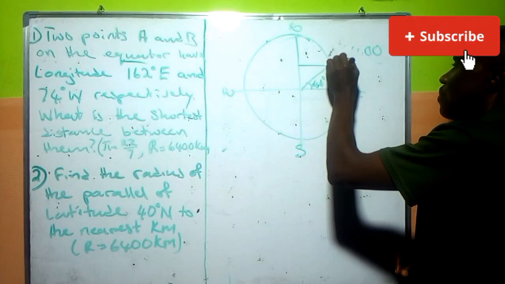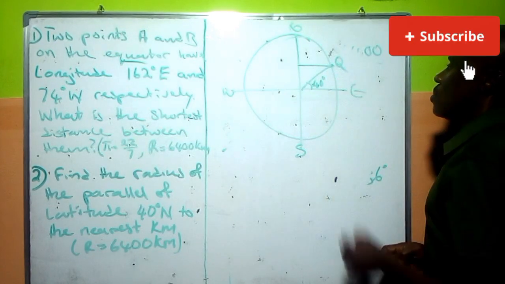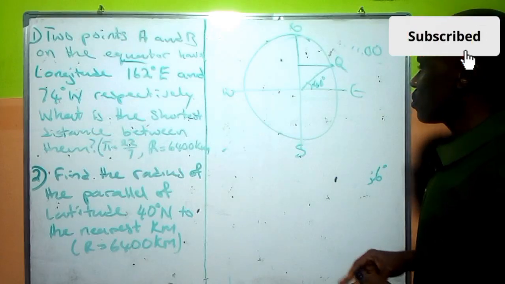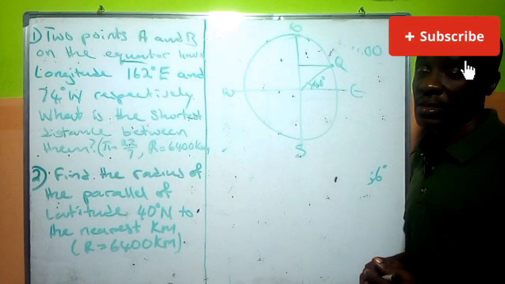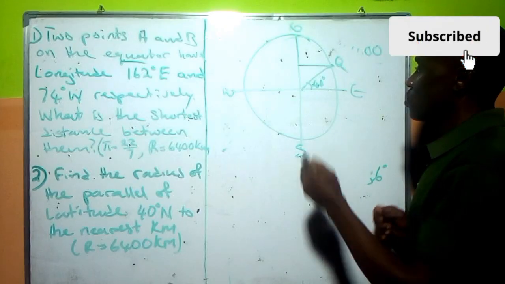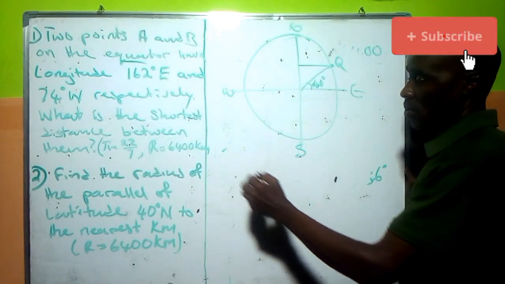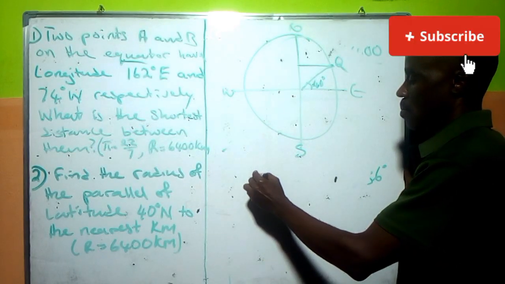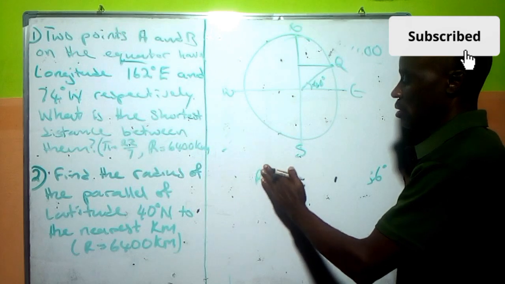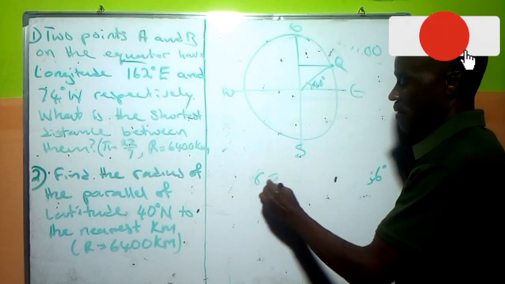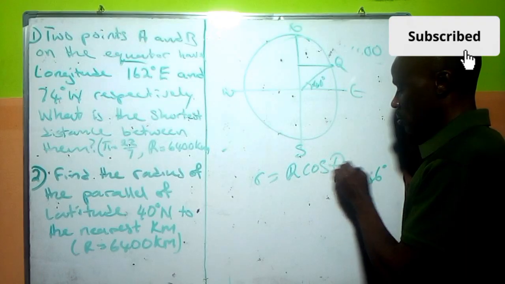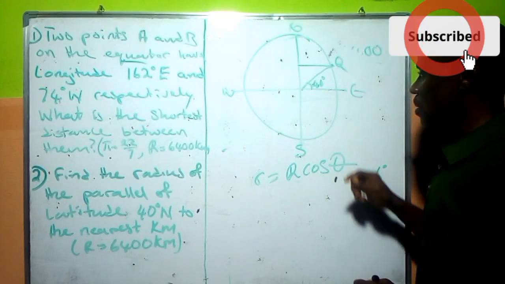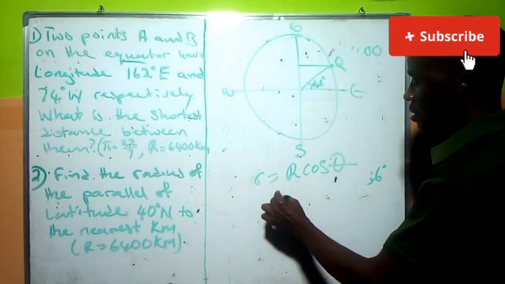The point we are looking for, we can call it Q. So to get the radius of the parallel latitude, we consider the angle that it has there. Then small r is equal to R cos theta.